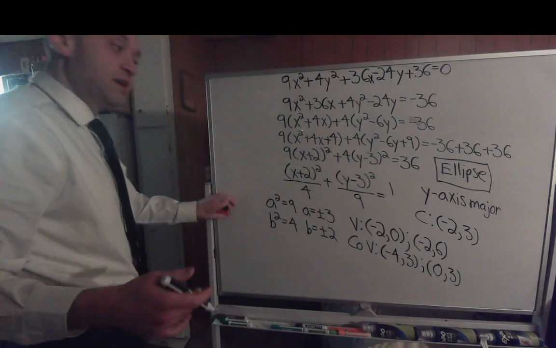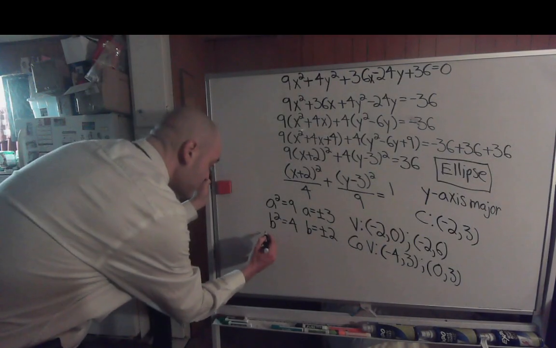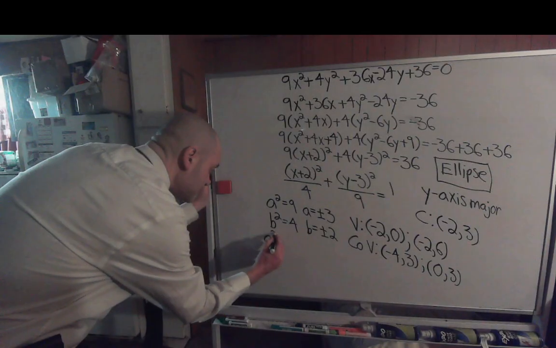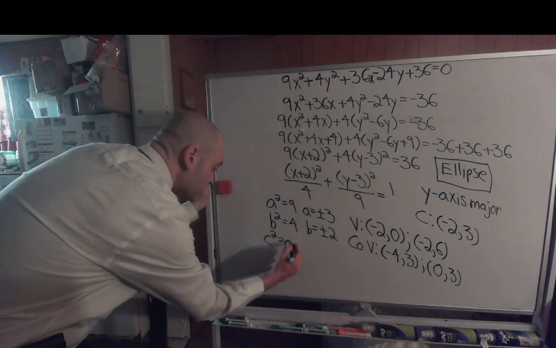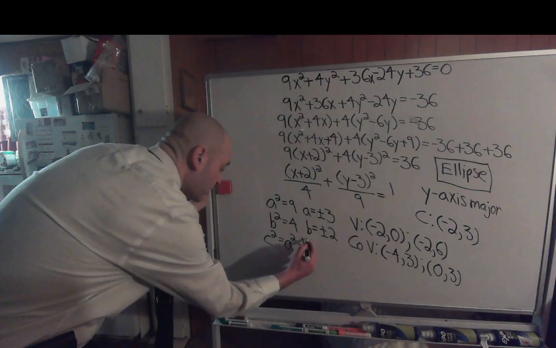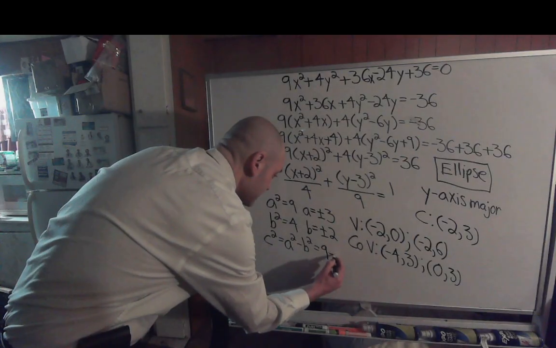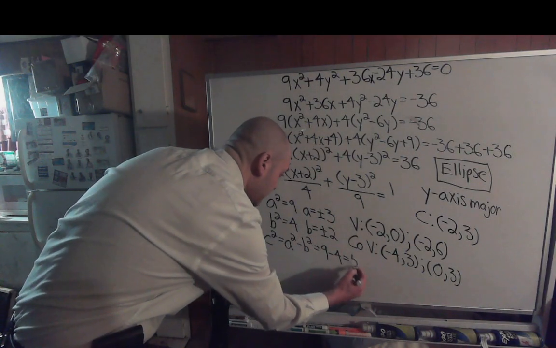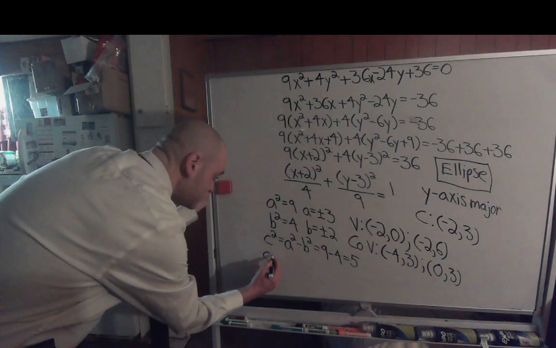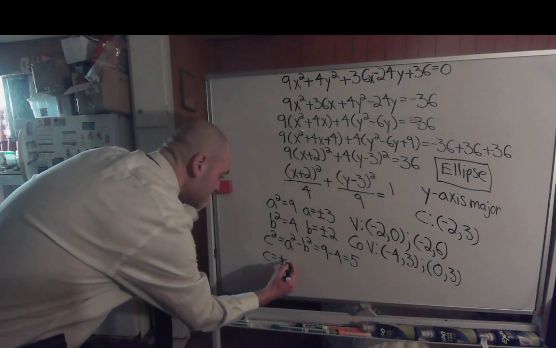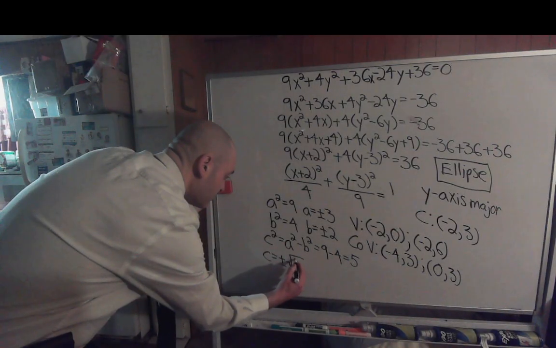And then last but not least is the foci. That means c squared for an ellipse is a squared minus b squared, which would end up equaling 9 minus 4, which would equal 5. So that means c equals plus and minus the square root of 5.